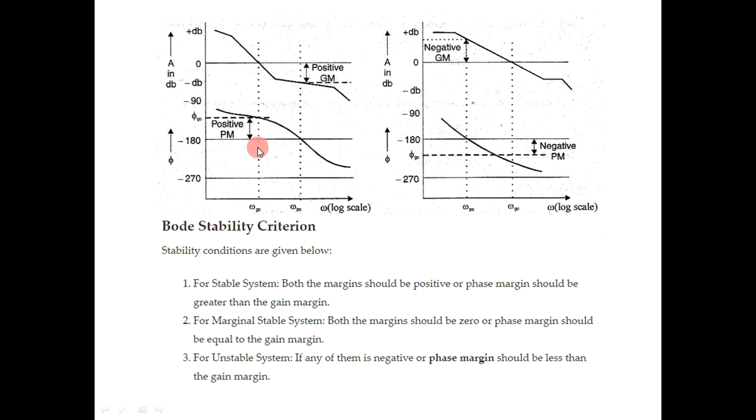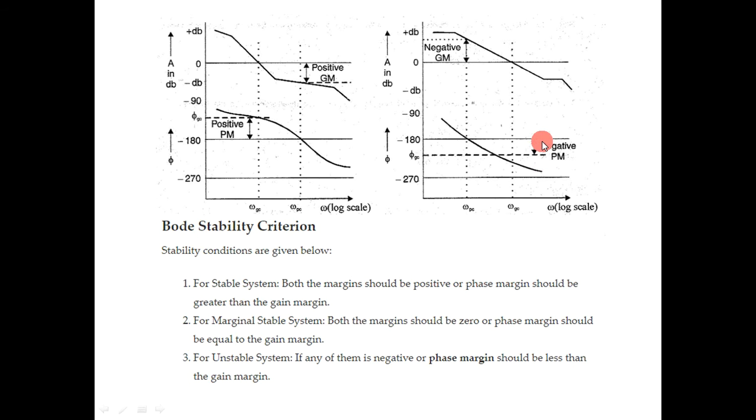And in the same way, we extend one line downward towards the phase plot, where this line intersects the phase plot, that is the phase margin. So this one is positive phase margin and this one is positive gain margin, and this one is negative gain margin and this one is negative phase margin.